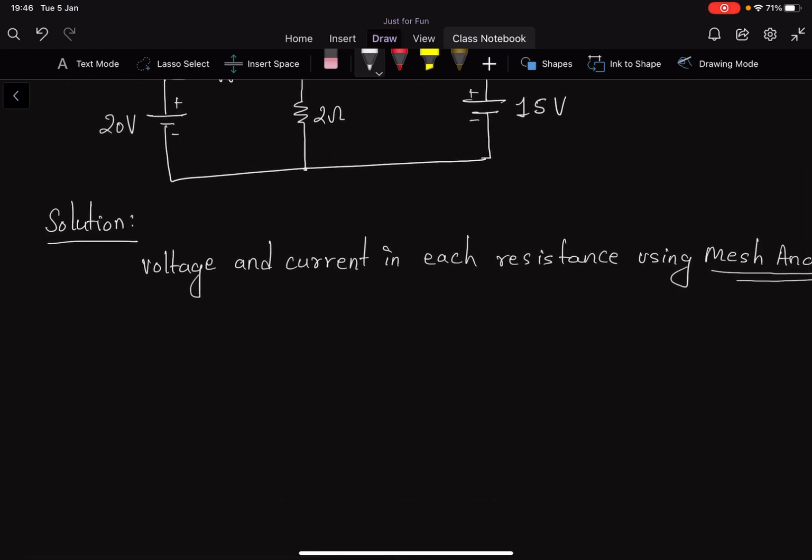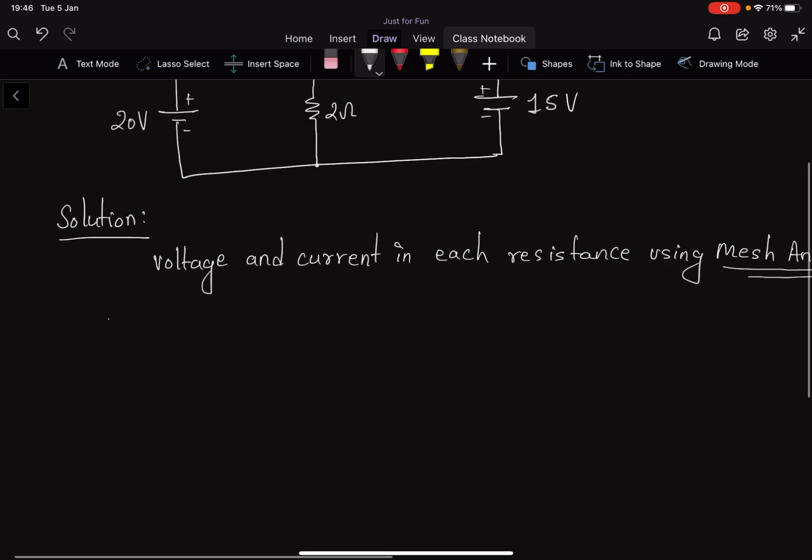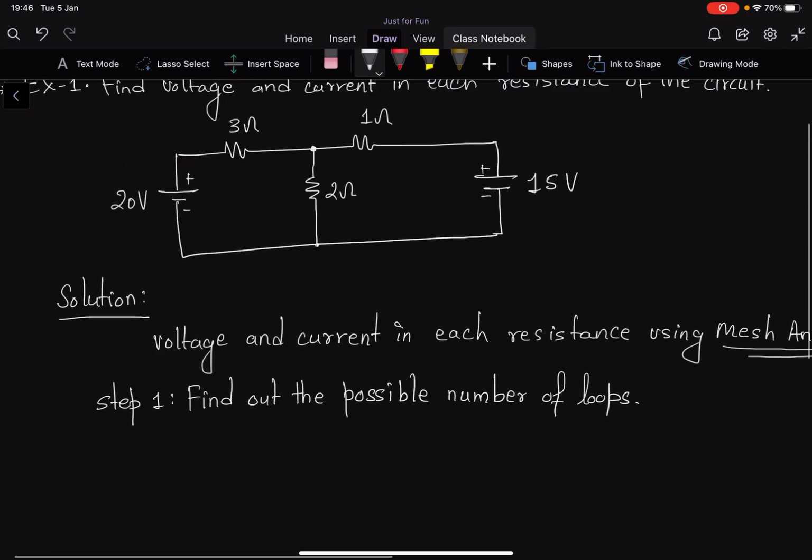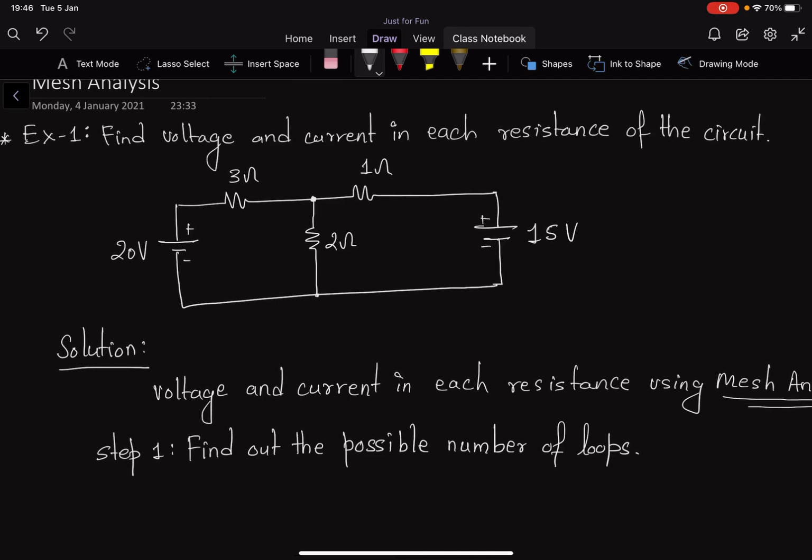The first step, step 1, is to find out the possible number of loops in the circuit. If you look at this circuit, it has basically 2 loops, which you can clearly see.